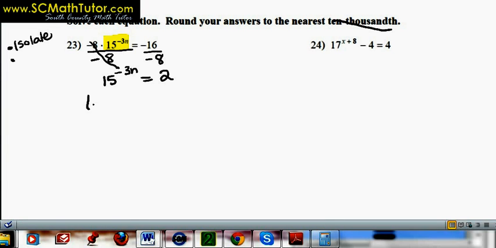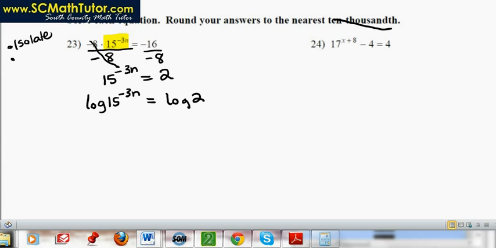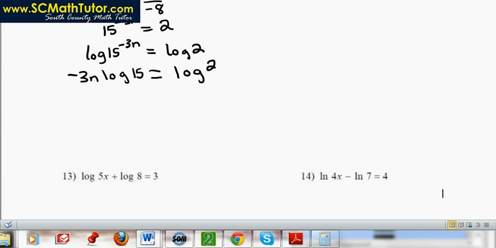So log of 15 to the negative 3n is equal to log of 2. We use the log rules and make this a coefficient, so this is negative 3n log 15 equals log 2. Remember, the calculator's log is base 10, so you don't need to write the base.